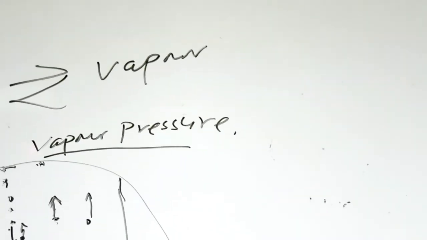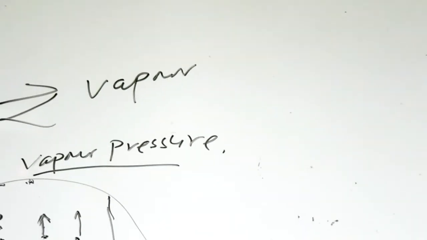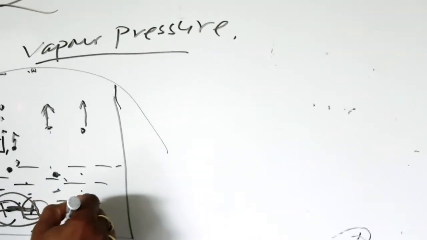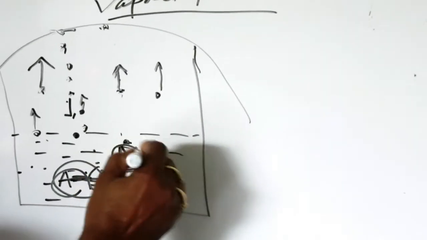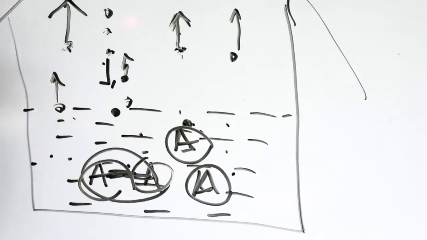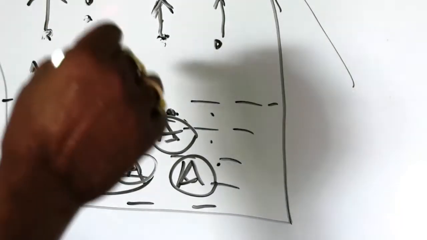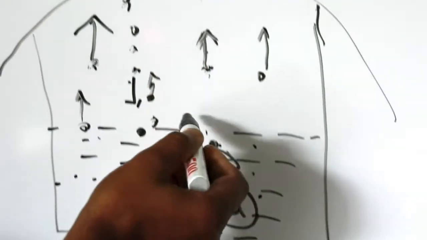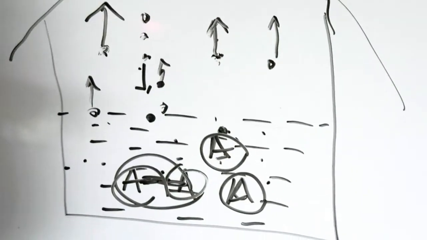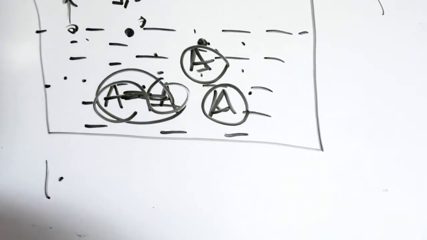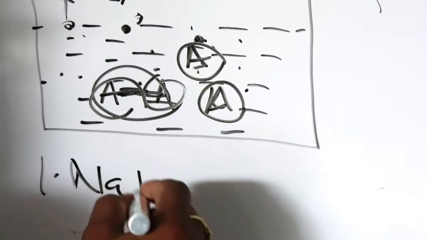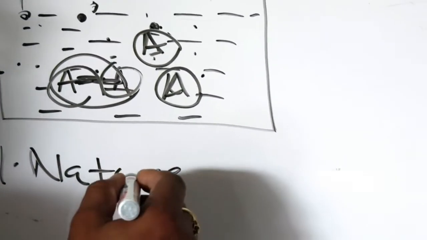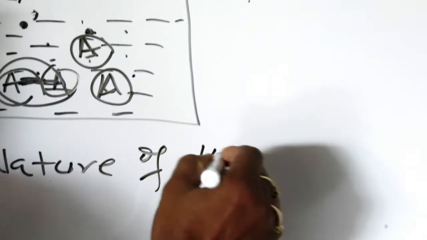So we can easily say, the nature of the liquid. If the force of attraction between the liquid molecules is very less, then these molecules have a high tendency to escape from the surface as vapor, and the vapor pressure becomes more. So first, nature of the liquid with respect to the intermolecular force of attraction.